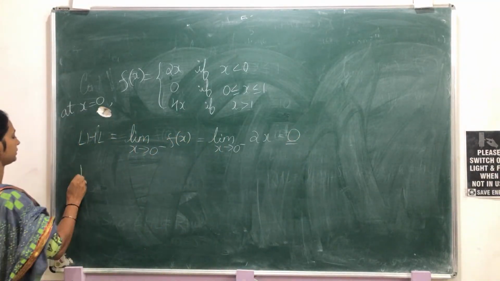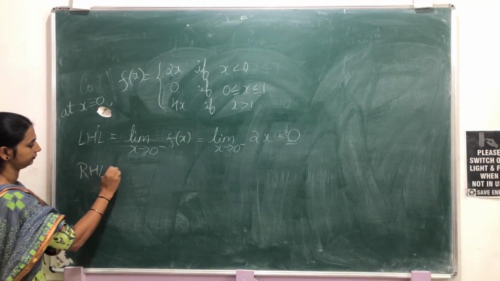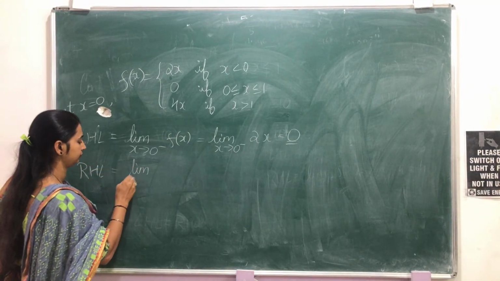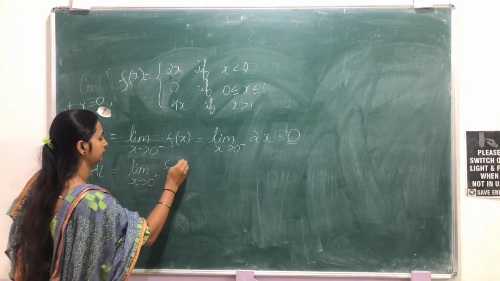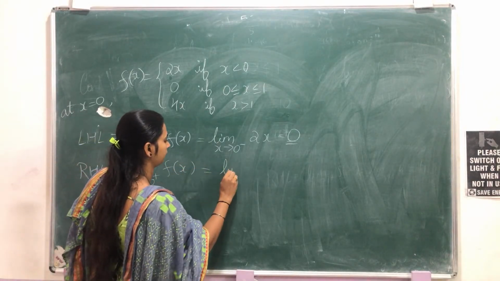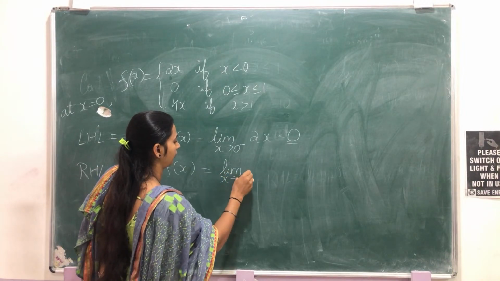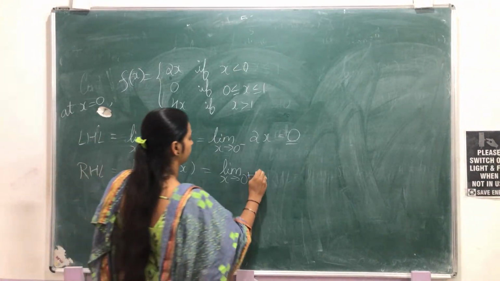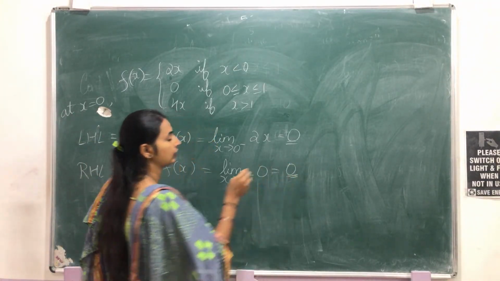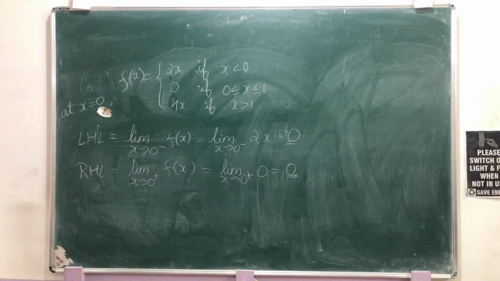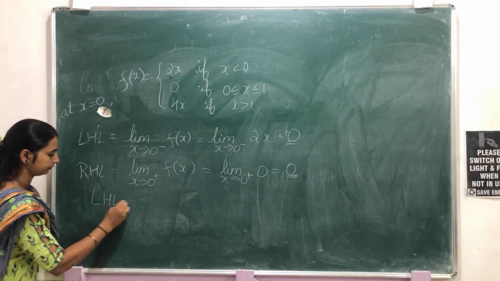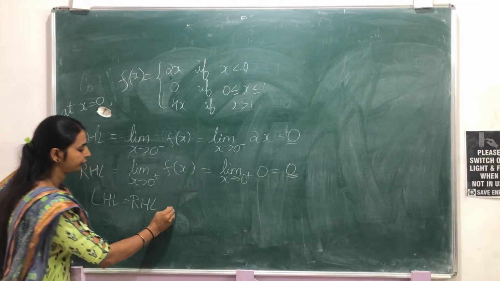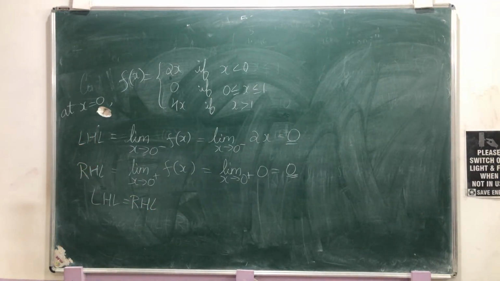What is the right hand limit? For greater than 0, it gives 0. So LHL equals RHL, hence the function is continuous at x equal to 0.